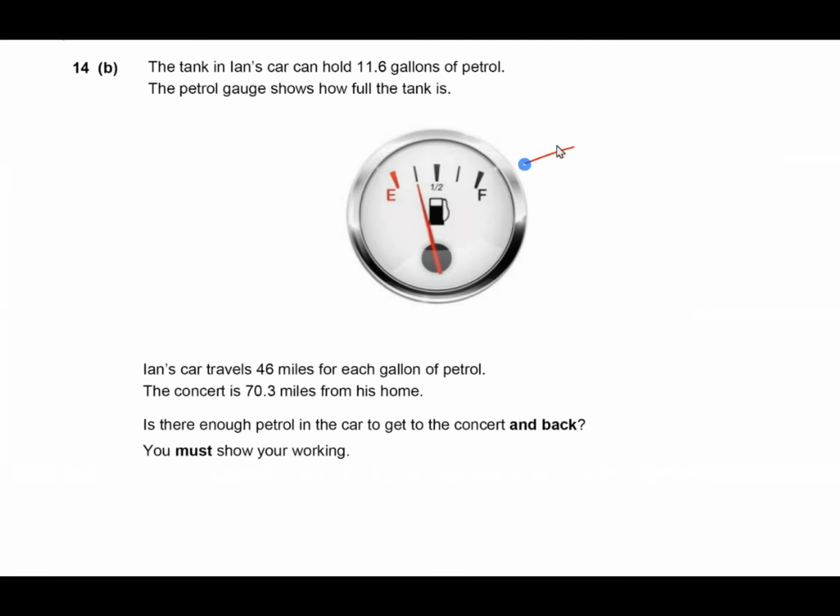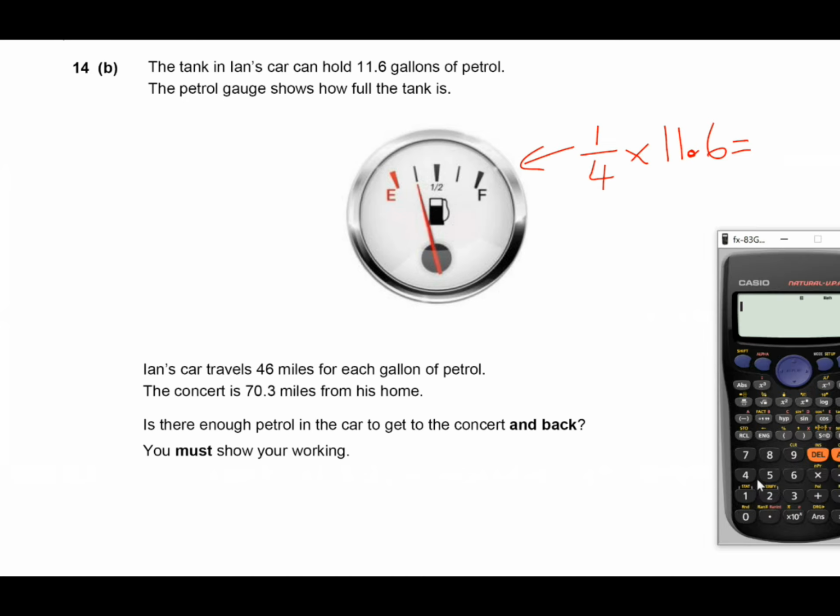So, the tank is showing 1/4 of the 11.6 gallons. So let's do that on our calculator. Fraction button, 1/4, rocker to the right of 11.6 equals SD button, 2.9 gallons left.